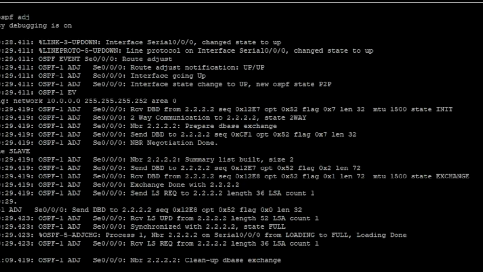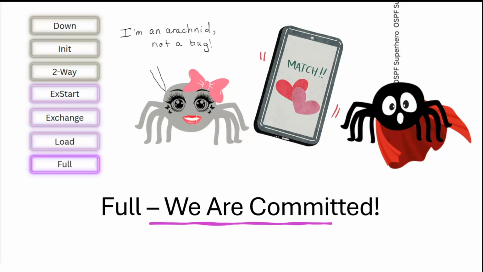Now we see the next step, which is full, indicating the transition from loading to full. We know at this point that our OSPF adjacency has fully formed and the link state databases are synchronized. This tells us that OSPF is functioning correctly. No spiders were harmed in the debugging of this network.